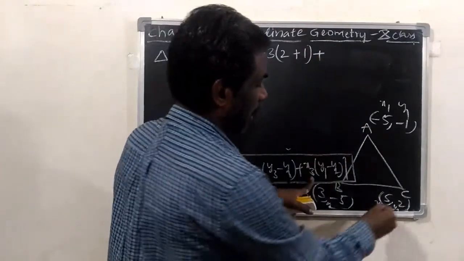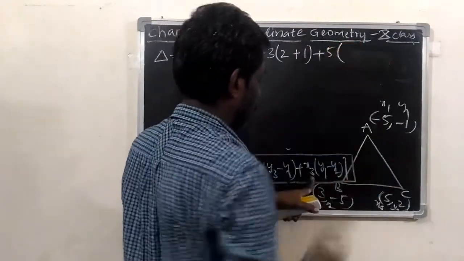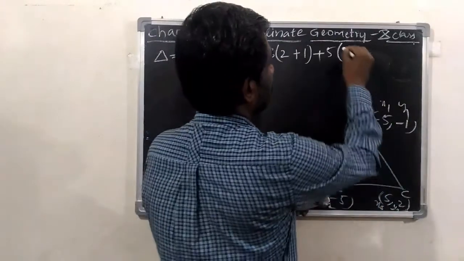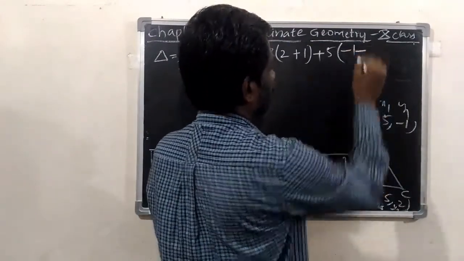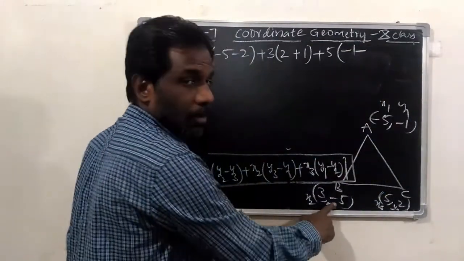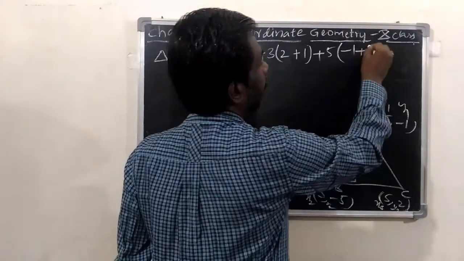Plus x3. x3 is 5 into (y1 minus y2). y1 is minus 1, minus y2, y2 is minus 5, minus into minus is plus 5.